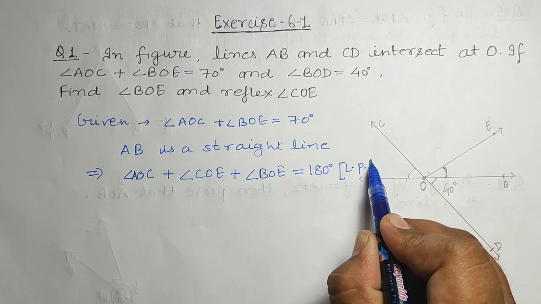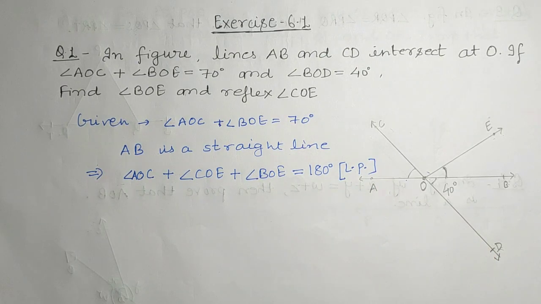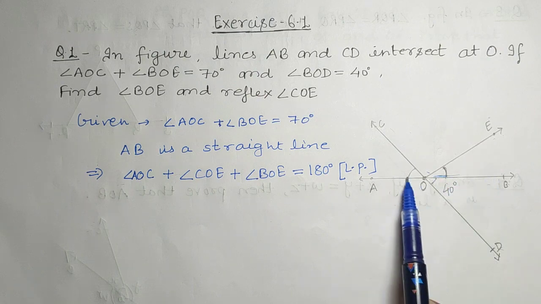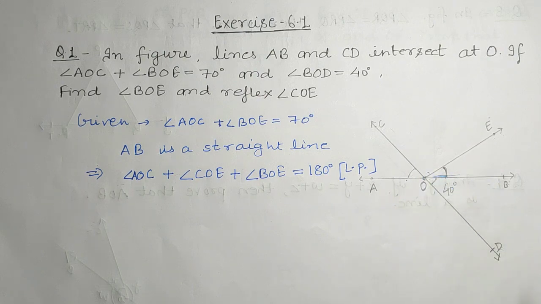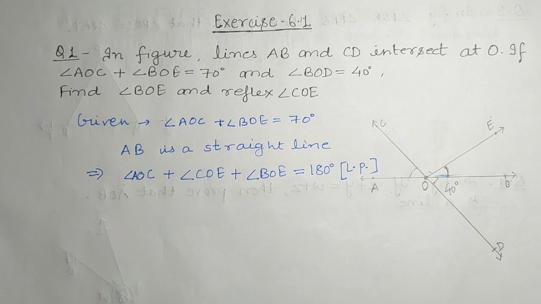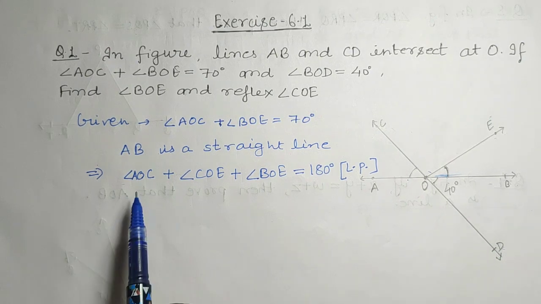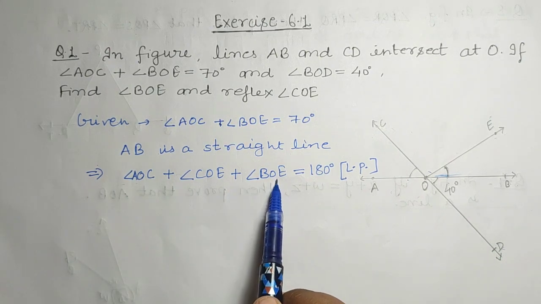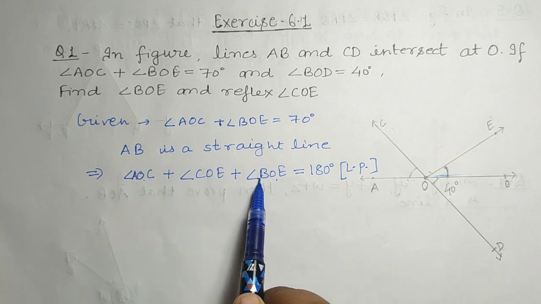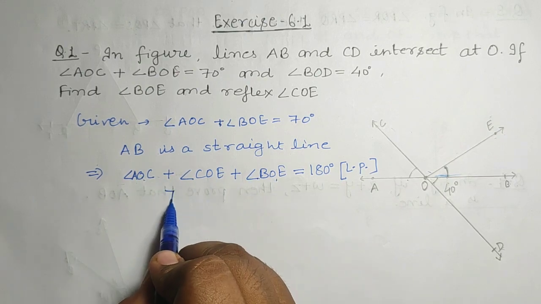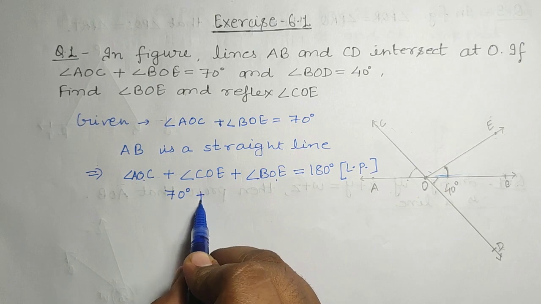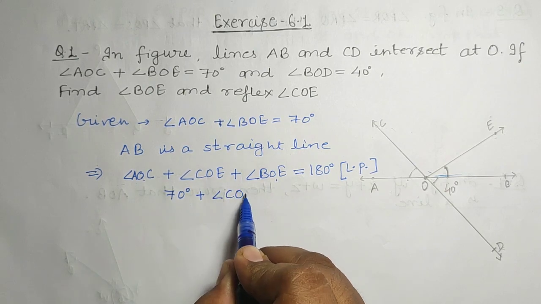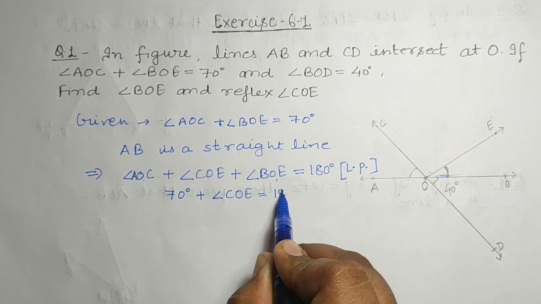Because they are linear pair of angles, meaning the angles are forming on one straight line, that is AB, and it is given that AOC plus BOE is equal to 70 degrees. So the sum of these two is 70 degrees. So 70 degrees plus angle COE is equal to 180 degrees.